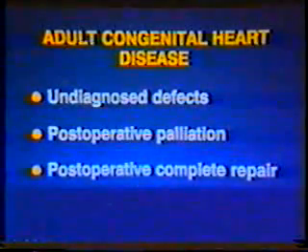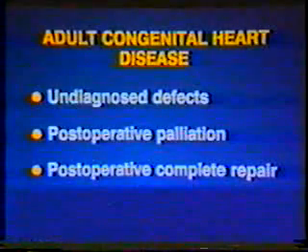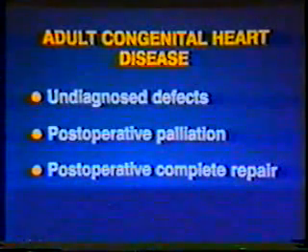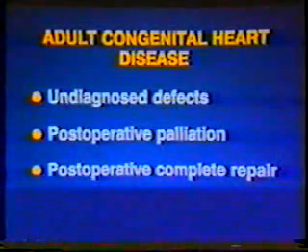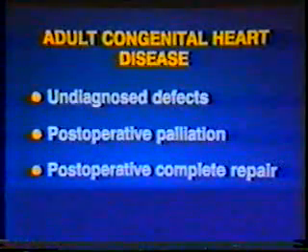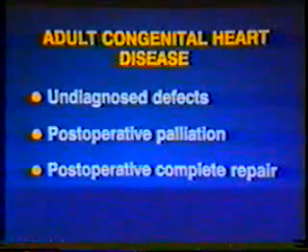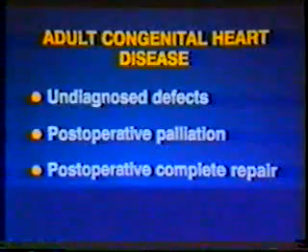The third category represents an increasingly large number of referrals to the adult cardiologists of patients who have undergone complete repair at a younger age. In this regard, it is worthwhile to note some of the milestones in repair of congenital heart defects.